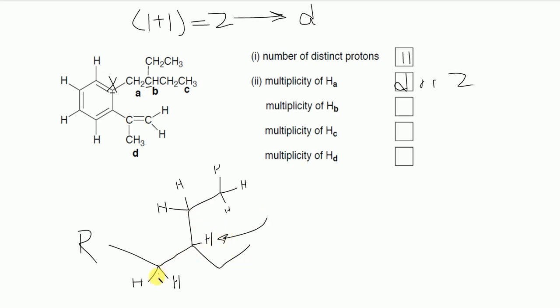So we're looking at the environment that's surrounding this, and we're trying to characterize the environment that's around it and the number of hydrogens that are there. Okay, so I have these, and what we said before, we said that we add up the hydrogens that are on the adjacent carbon. So this carbon right here, this carbon right here, and this carbon right here.